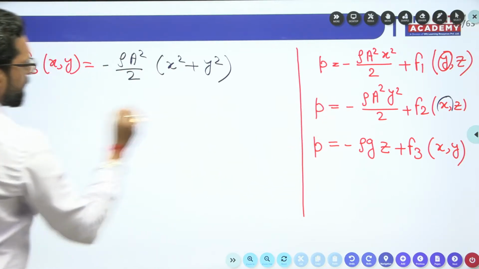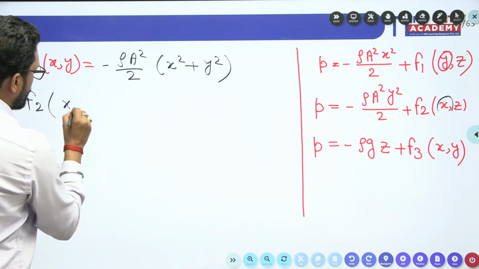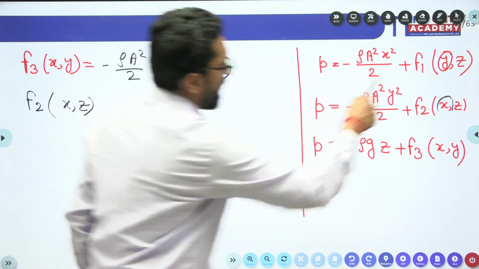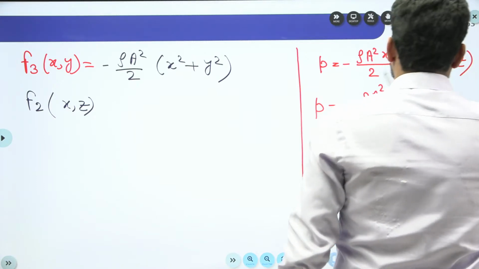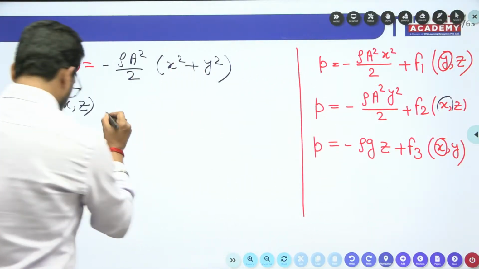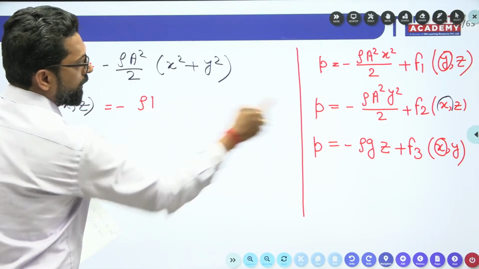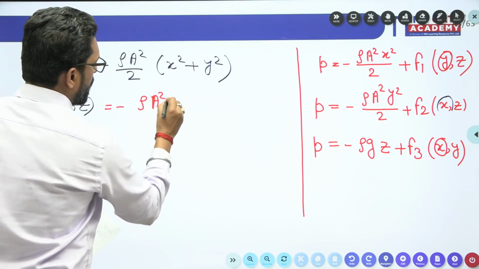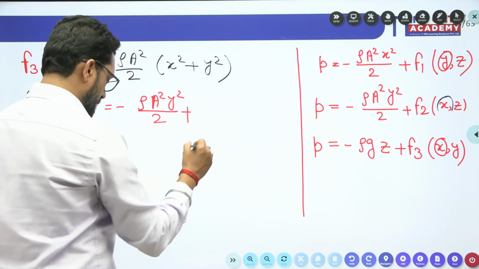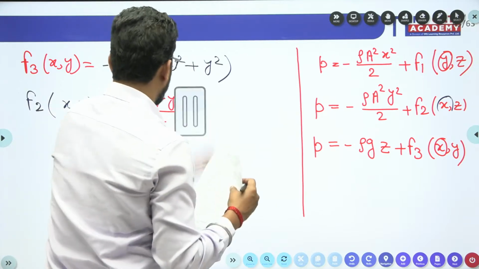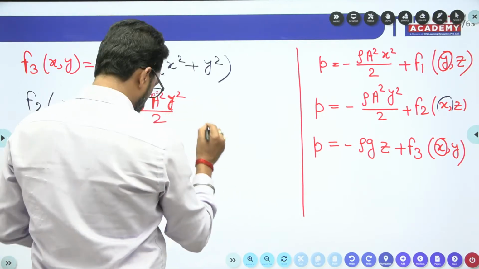Right? F2, if you find F2 XZ, so this is your X, and this is your Z. So there is minus rho A square Y square by 2, minus Y square by 2.